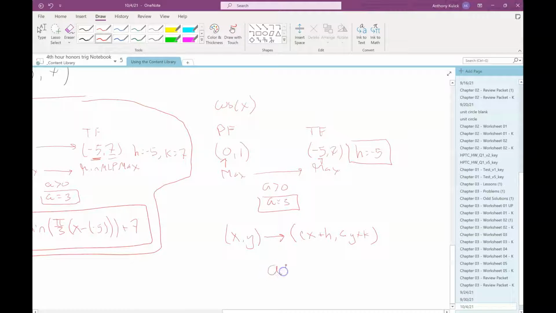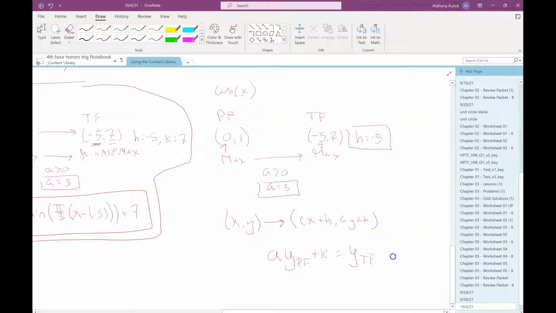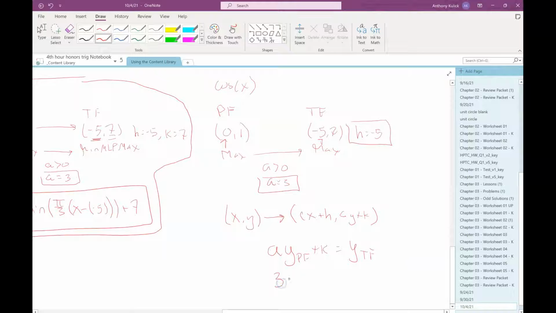So I know that A times y from the parent function plus K should give me the y from the transformed function. Everybody's okay with that idea? So my A is 3. The y from my parent function is 1. K is what we're looking for. And the y from my transformed function is 7. So K must be 4.